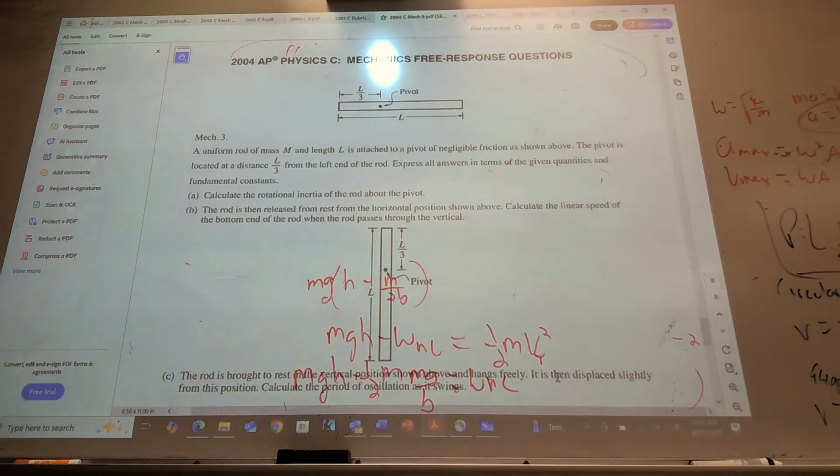So use what you know about a rod with the axis through the middle, and then calculate it through that point using the parallel axis theorem. Everybody find it?